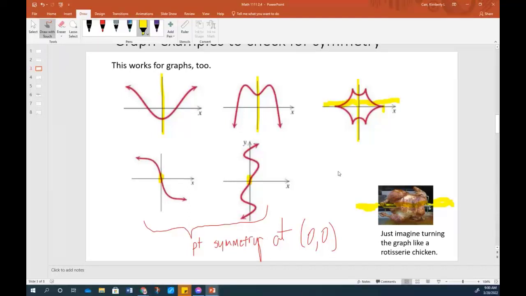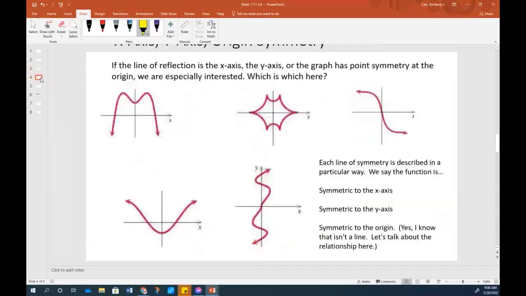You just kind of have to visualize, could you spin these graphs in the same way? Well, that line of reflection we talked about, we are particularly interested in it if it is the x-axis or the y-axis, or if it has point symmetry at the origin. See, I mentioned that. Okay, point symmetry at the origin.